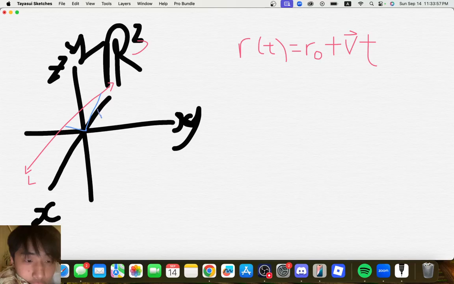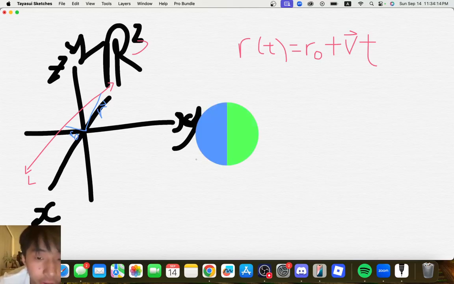And we call this vector R, and we call this vector R0.